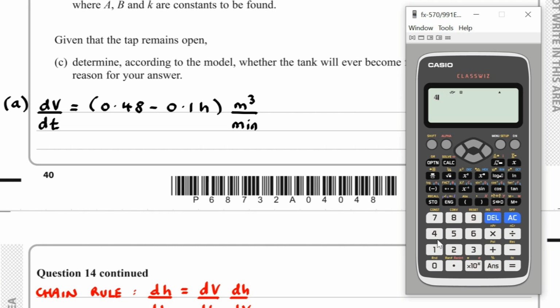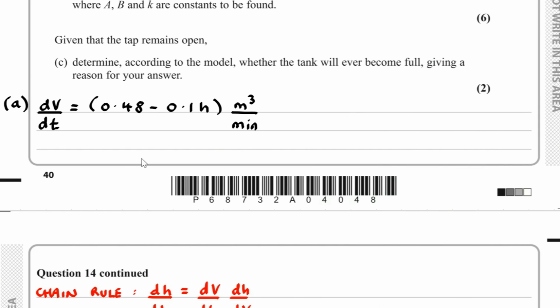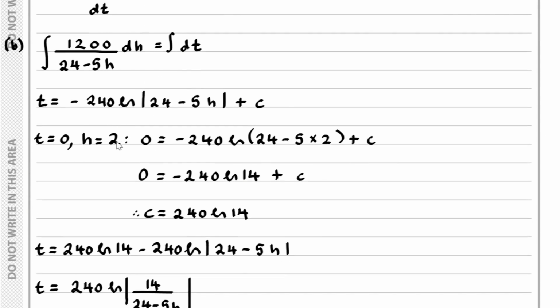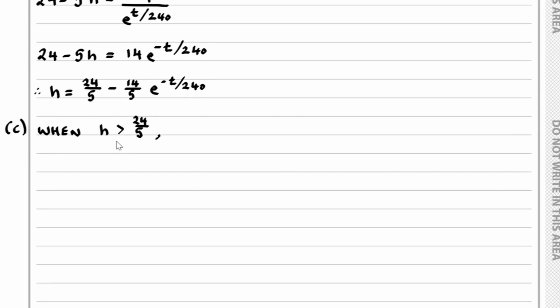Let's say it's 4.85, for example: 0.48 minus 0.1. It seems as though dV over dt is going to be less than 0. So we can say that dV over dt is less than 0.